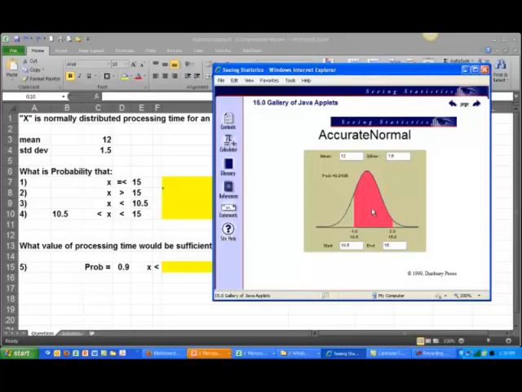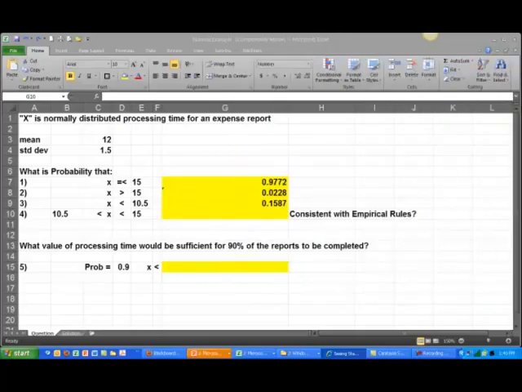Here I want this shaded area of the curve. My norm dist function for any value of x is going to give me the probability of being at or below that value. So I'm going to take my larger value, find the probability of being at 15 or below, and then subtract the piece that I don't want, the probability of being at 10.5 or below.